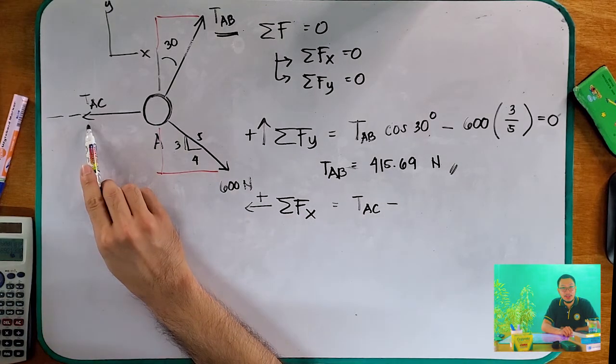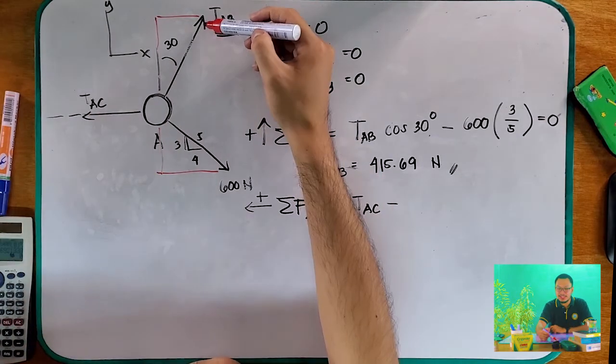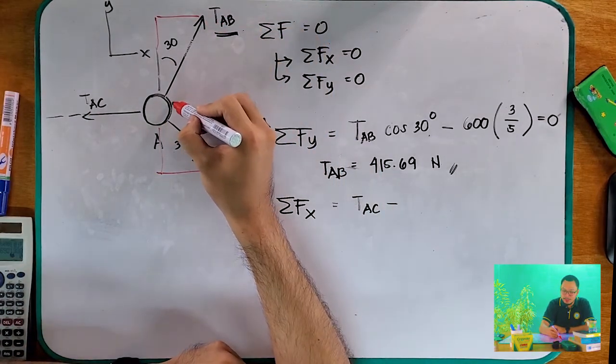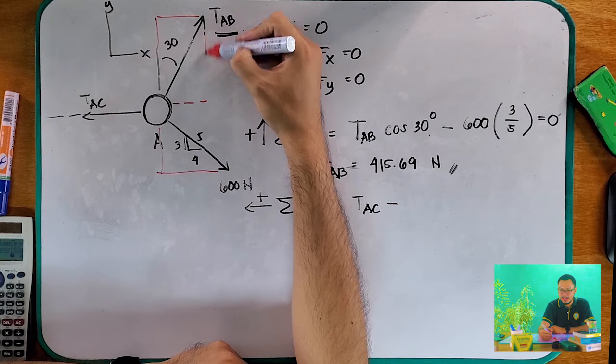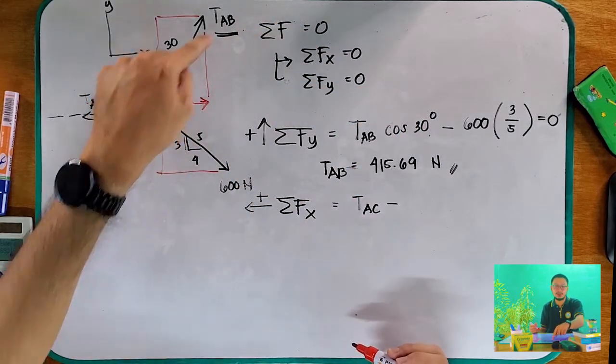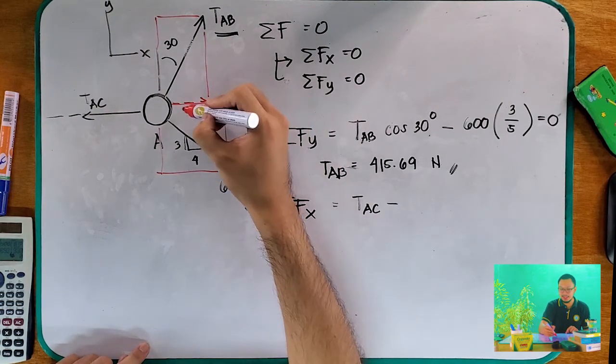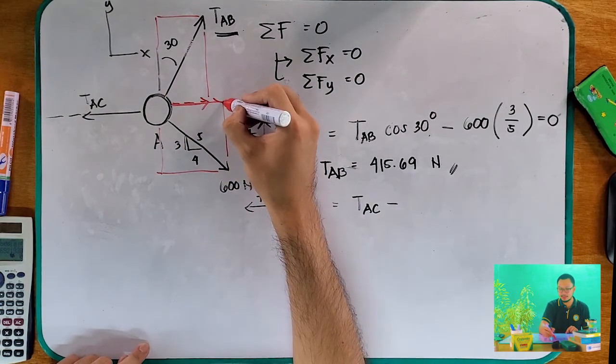This one is a force along the x, which is this component, the x component of our TAB. And also, we have an x component of our 600 newtons, which is that one. Okay? So we have to account for all of that and sum it using summation of force along the x.